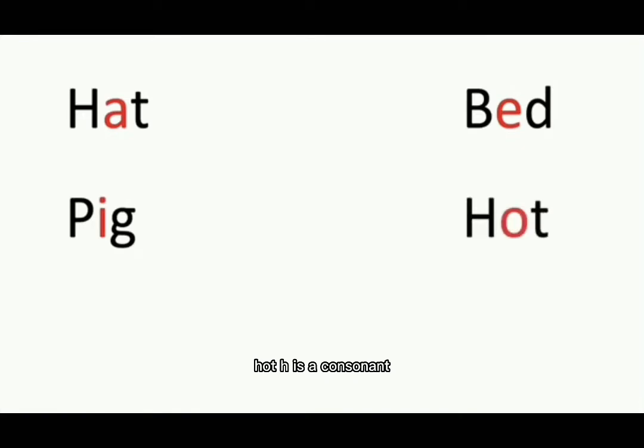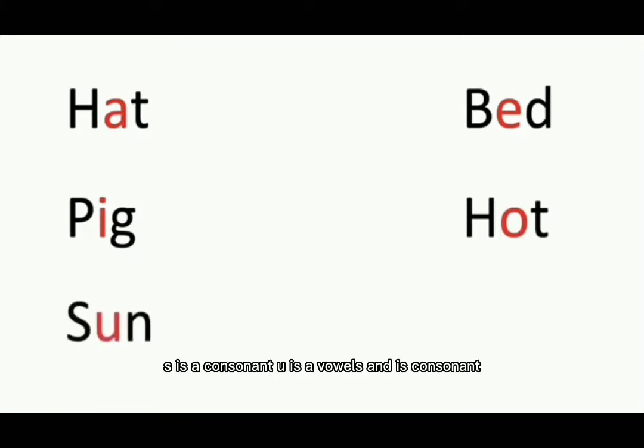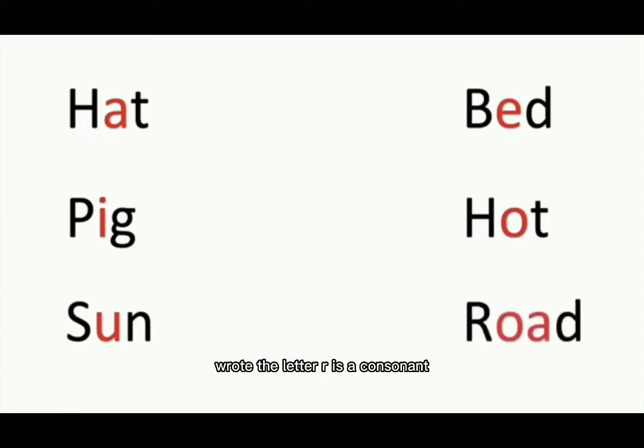Hot. H is a consonant, O is a vowel, and the letter T is a consonant. Sun. S is a consonant, U is a vowel, N is a consonant. Road. The letter R is a consonant, O and A, of course, are vowels, and the letter D is a consonant.